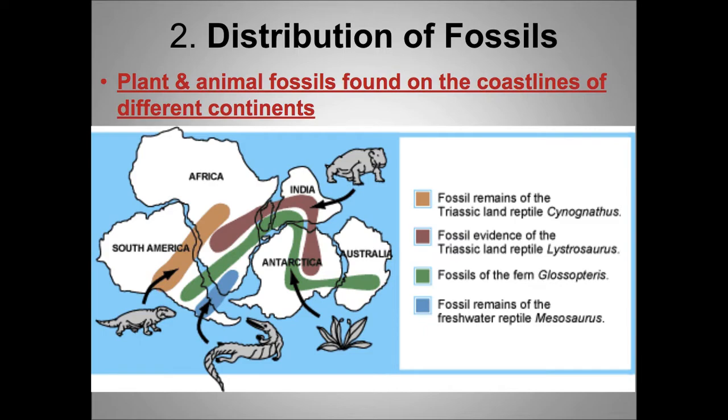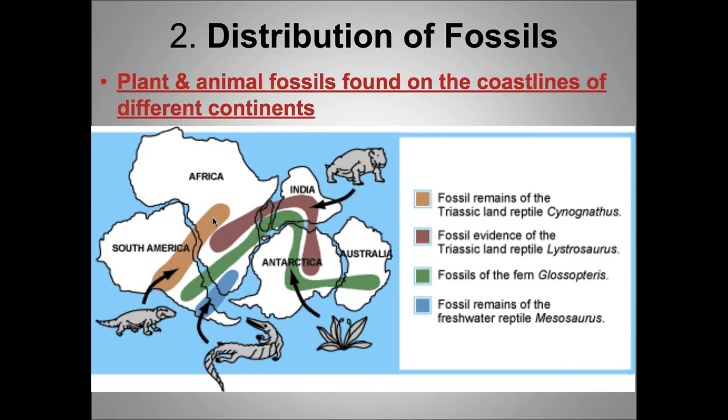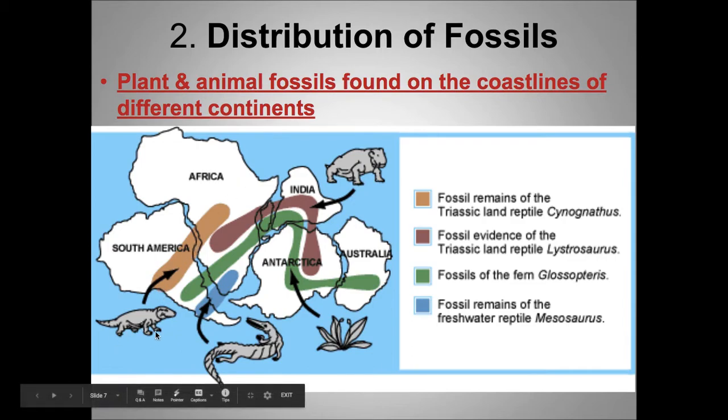And when you put the continents together in their puzzle piece way, like a puzzle, the fossils line up. All right? So this little creature, Cynognathus, something like that. Who knows? All right, it was a land reptile. Its fossils can be found in South America and in Africa, but it can't swim. This is not a swimming critter. This little fella can't swim.